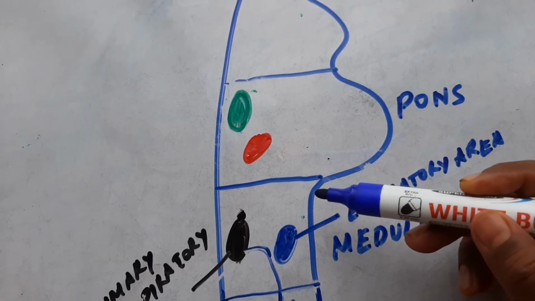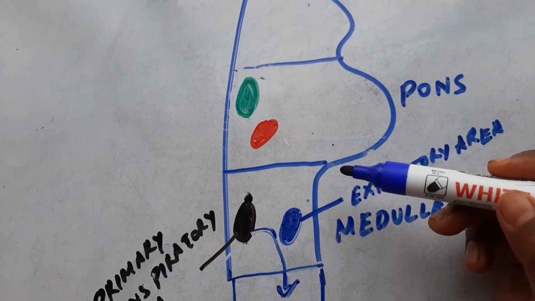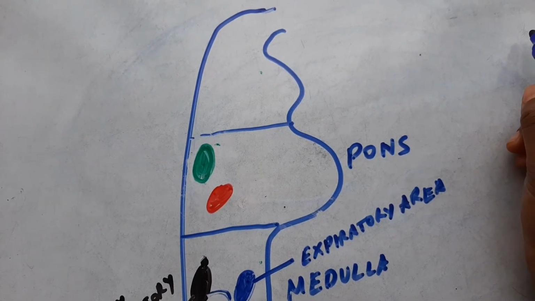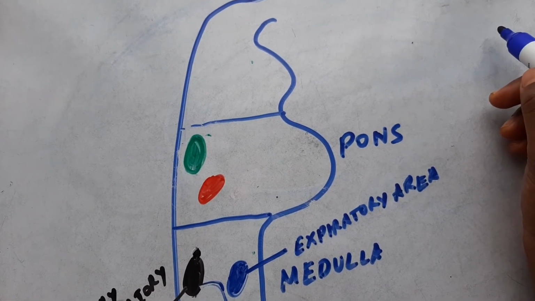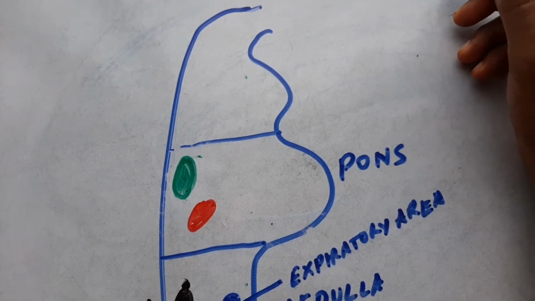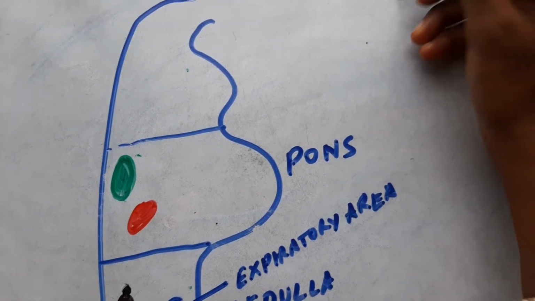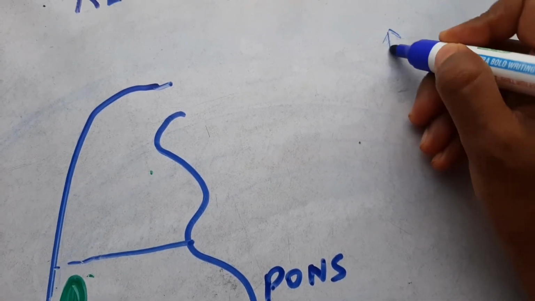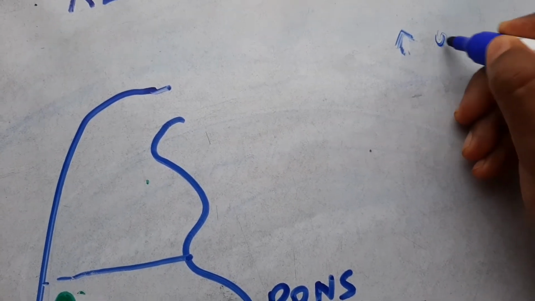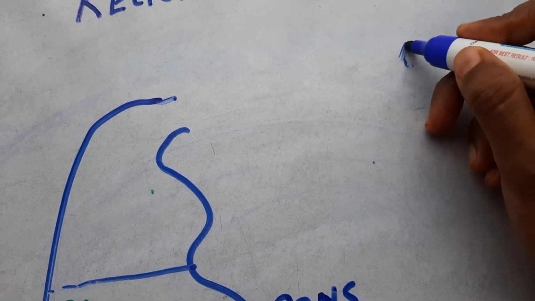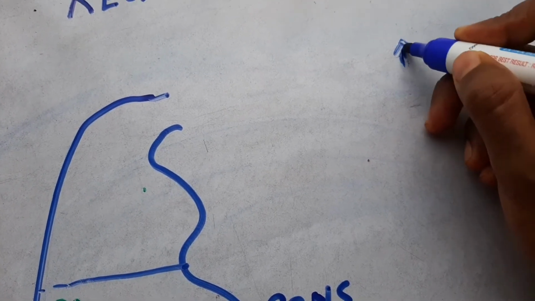So in this video, as we are talking about the regulation of respiration, we need to know why the respiration needs to be regulated. Now you see here, if there is an increase in the demand of oxygen by the body tissues, what will the body do?